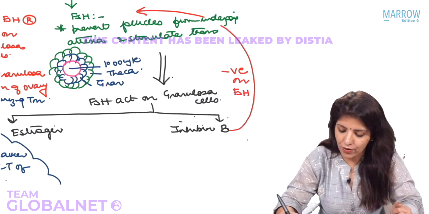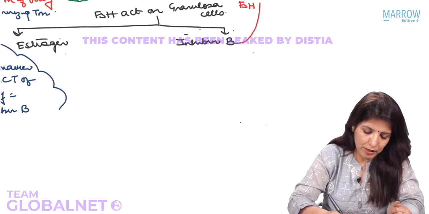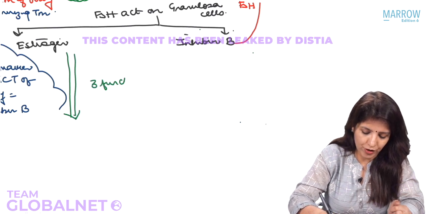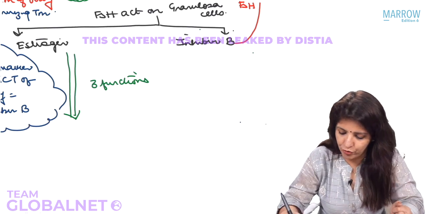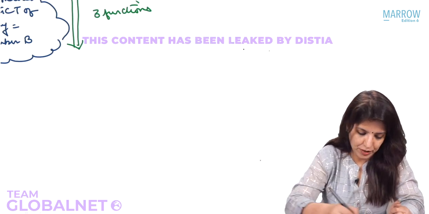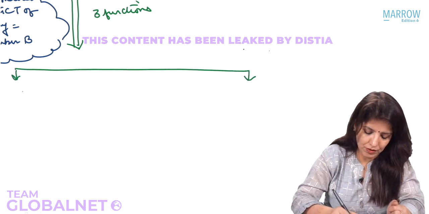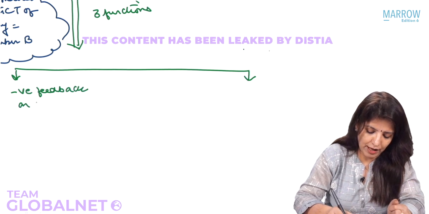On the other hand, when estrogen is produced, it will perform 3 functions. What are the 3 functions performed by estrogen? Number one, it will have a negative feedback on FSH.